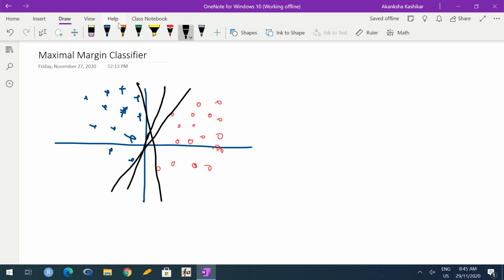So first of all, there are few things that we should note down. We are talking about linear decision boundary. Linear decision boundary in the sense the line which is separating the two classes, it's a line. We are not drawing a curve. In 2D it would be a line. In 3D it would be a plane. In 4D it would be a three-dimensional hyperplane and so on.